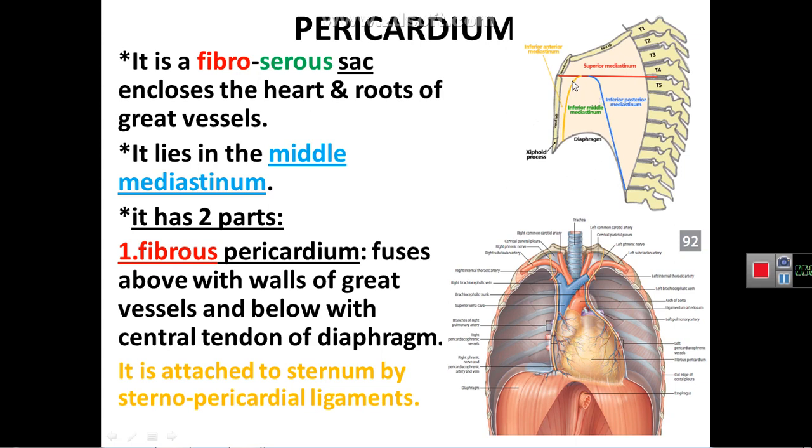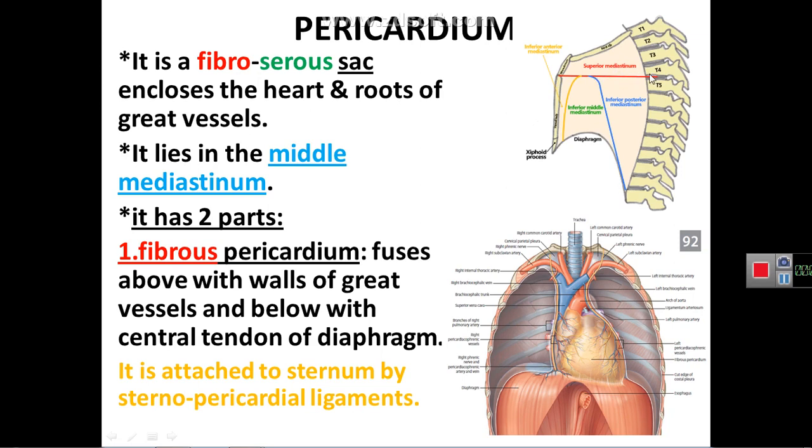Anatomically, we can divide this middle cavity, the mediastinum, by an imaginary line extending horizontally from the sternal angle of Lewis back to the intervertebral disc between T4 and T5 vertebra. This is the sternal angle between the manubrium and body of sternum, and this is the disc between T4 and T5, and we may draw a horizontal imaginary line in between.